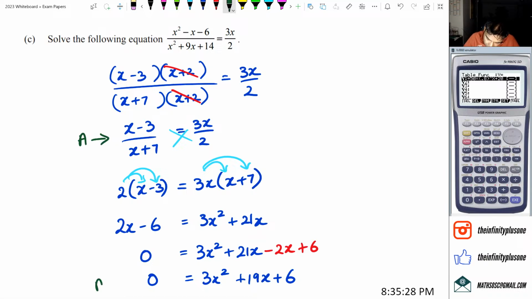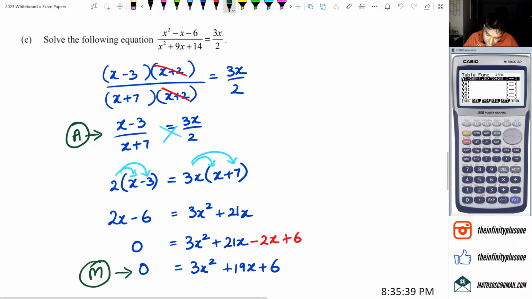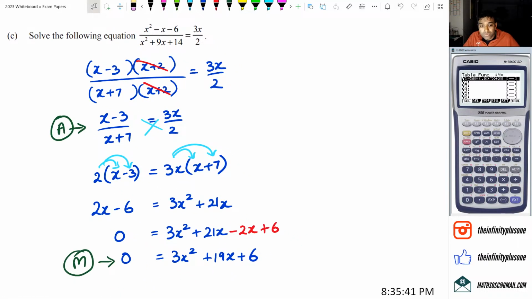Getting to this stage is going to get you a merit, just getting to the quadratic equation and equating it to 0. That's pretty sweet. Now, all we've got to do is factorize the quadratic. So 3x squared plus 19x plus 6 equals 0.